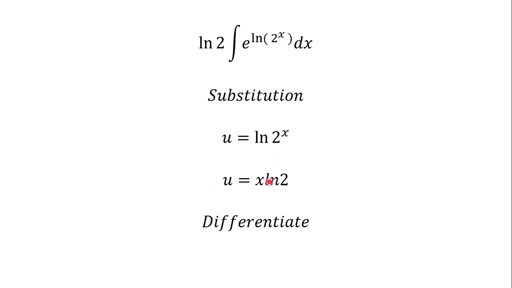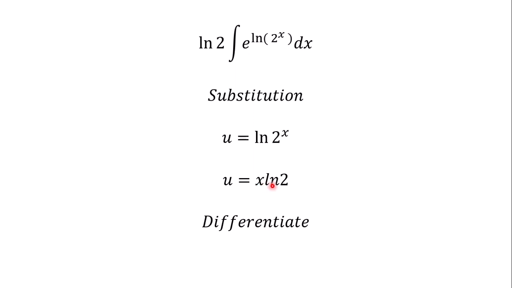Now when you differentiate u, you are going to get du. But to differentiate this, we have to use the product rule. First we maintain x and then we differentiate ln2. Now when you differentiate ln2, you're going to get 0, and 0 multiplied by x will give you 0.